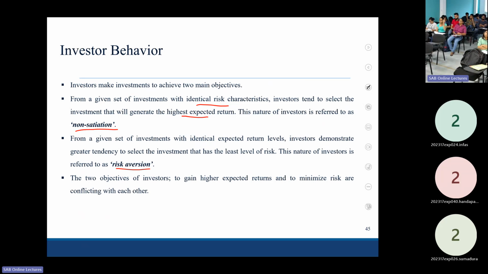Suppose a scenario like this: you are given two stocks A and B, with expected return and standard deviations given. The expected return of stock A is 20%, stock B 25%. Standard deviations are 12% for A and 12% for B.